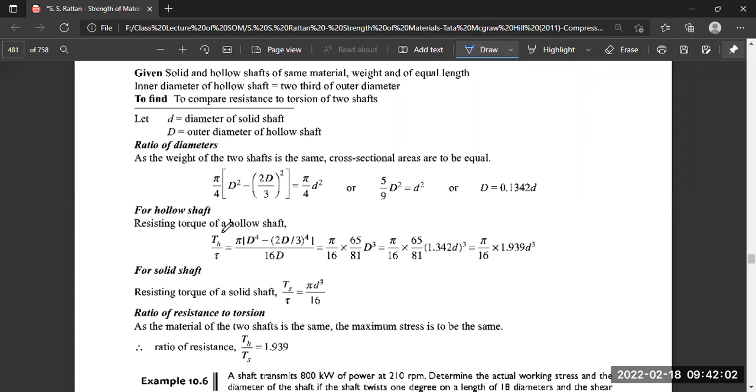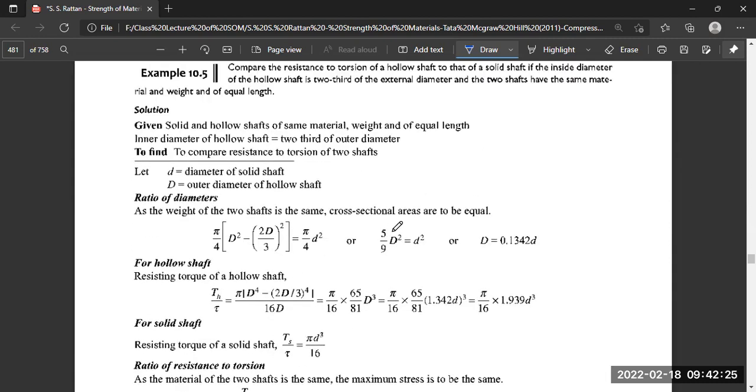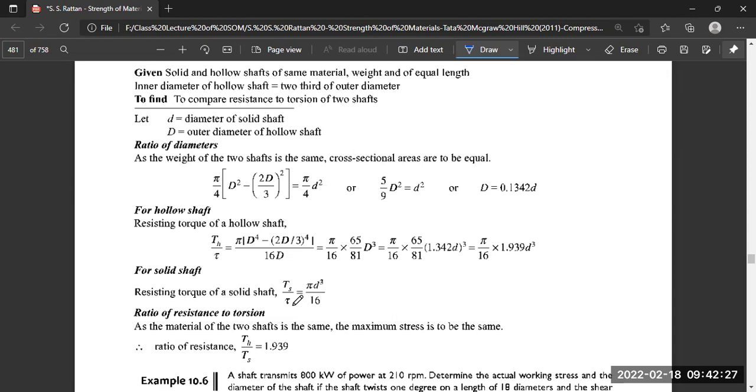That is the relation between the resisting torque and the shear stress of the hollow shaft. In the same way, for a solid shaft the resisting torque over the shear stress is π d³ by 16. Then for the ratio of the resistance to torsion: the shafts are of the same material, the same length and the same weight, so the maximum shear stress is the same for both.